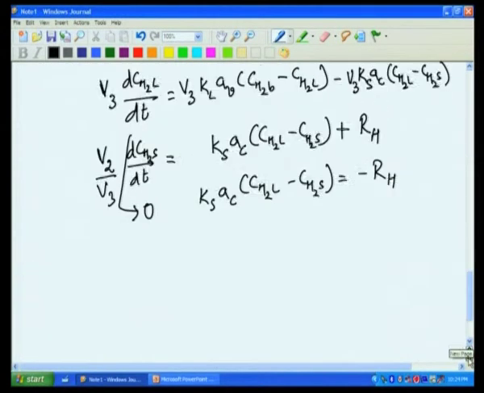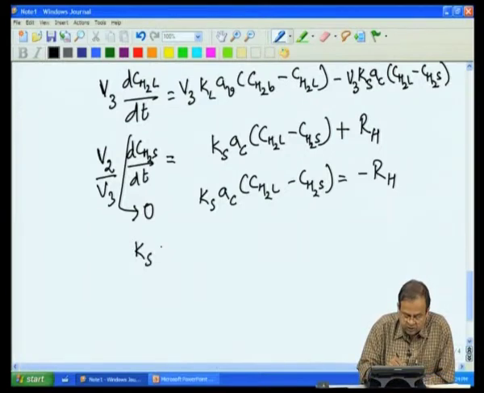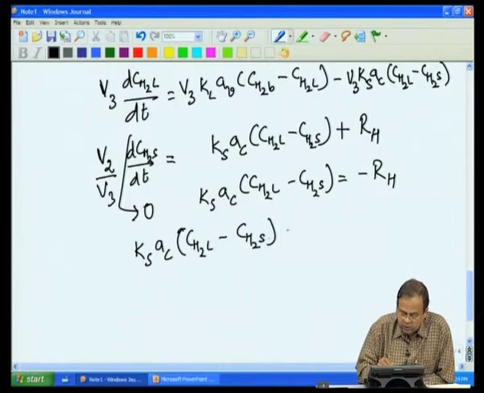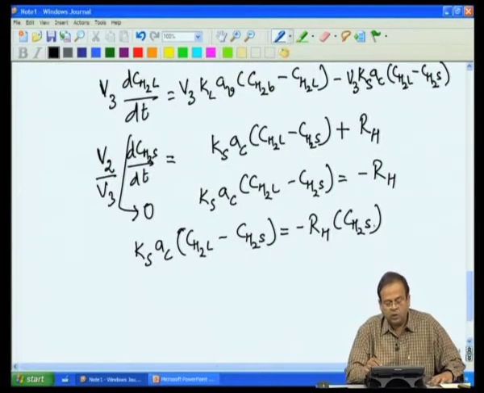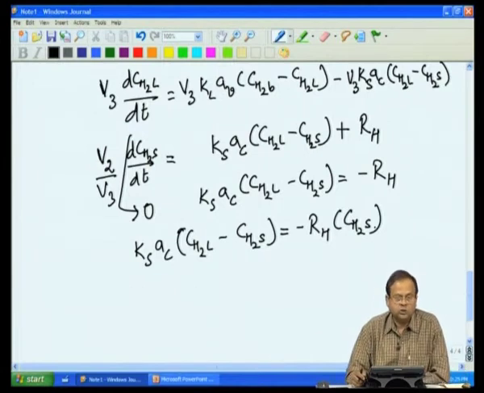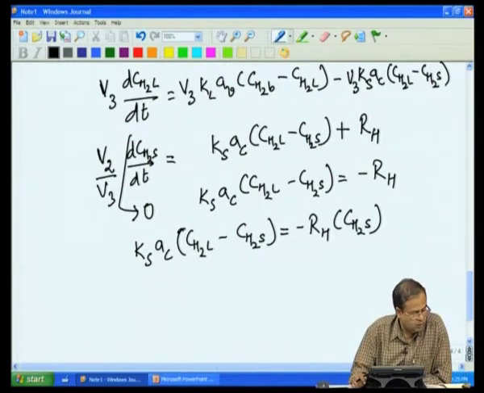So, now going back to our set of mass balance equations. So, what we have first is Ks AC into CH2L minus CH2S is, now I will just write this, I know what this RH is, but this has CH2S into it. So, that is in terms of hydrogen concentration at the surface.